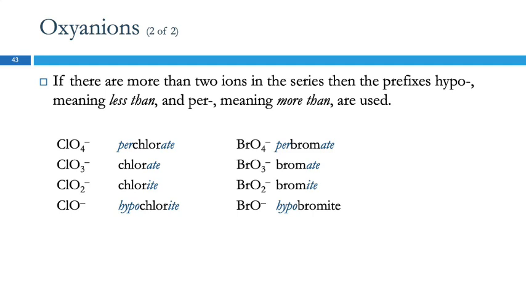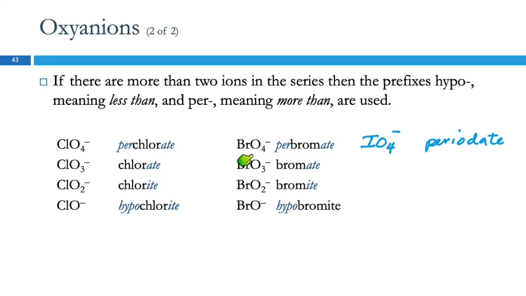So they're going to follow the exact same pattern. So what would be the formula for periodate? Just based on the pattern that we see here. IO4 minus. Okay?